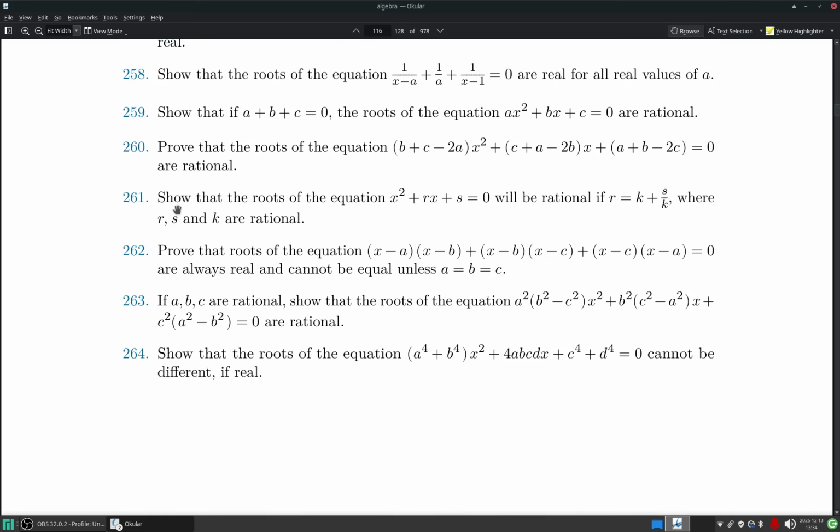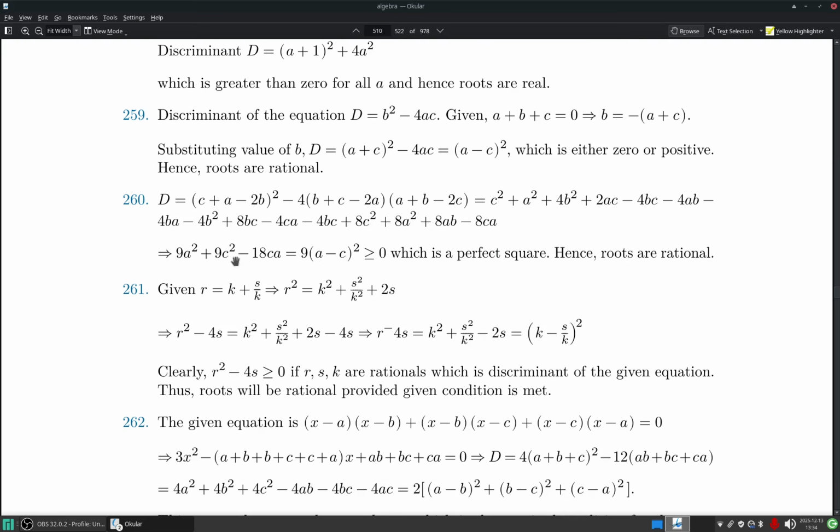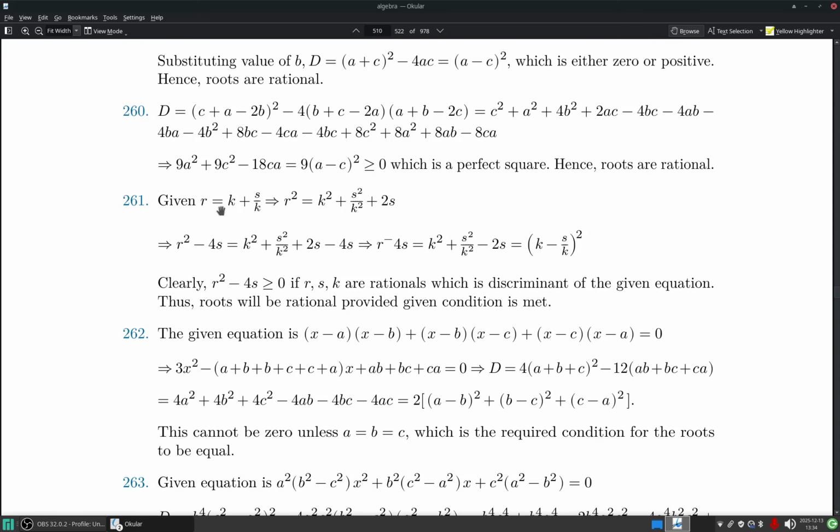Question 261 says: show that the roots of the equation x square plus rx plus s equal to 0 will be rational if r is equal to k plus s by k, where r and k are rational. We are given that r is equal to k plus s by k, so r square is equal to k square plus s square by k square plus 2s.